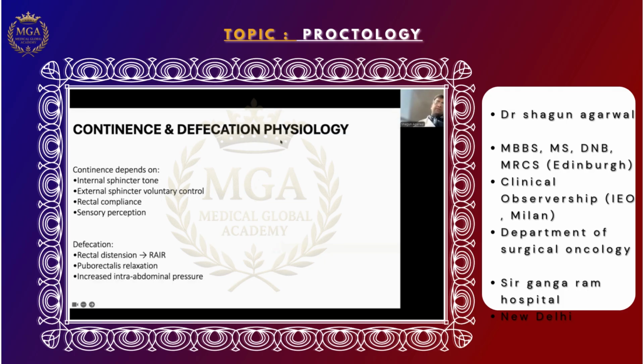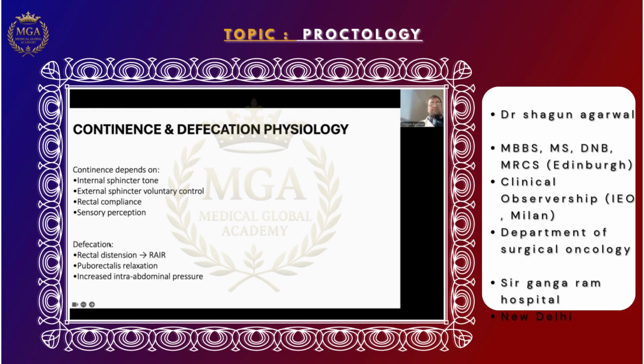About continence and defecation physiology: we discussed anatomy, now a little bit about physiology. Continence depends upon the internal sphincter tone, the external sphincter voluntary control, the rectal compliance, how much it can distend, and the sensory perception, whether the patient can perceive that the rectum is distending and feels the urge to pass.